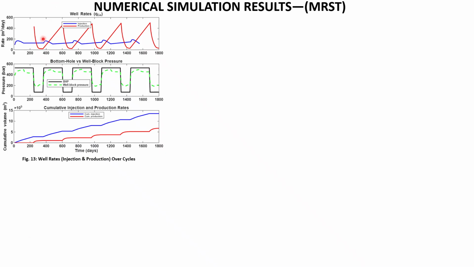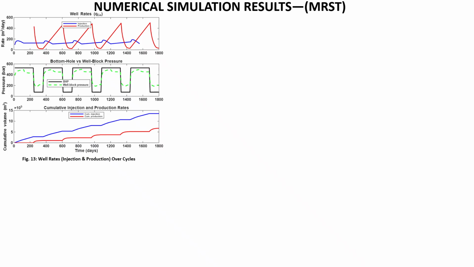So on the top left here, you can see on the y-axis we have rates in cubic meters, and on the x-axis we have time in days up to 1,800 days.